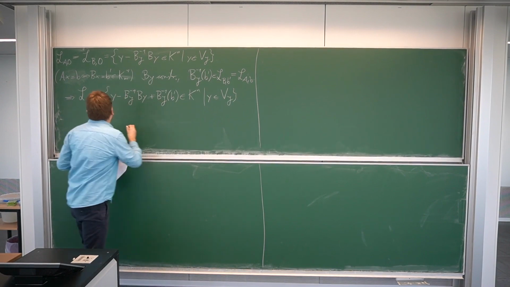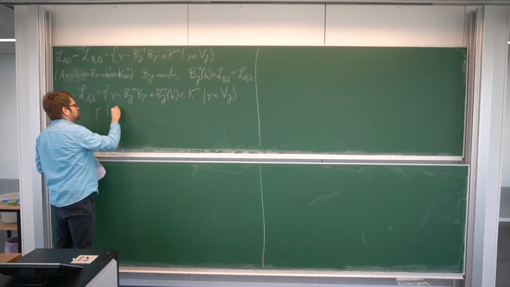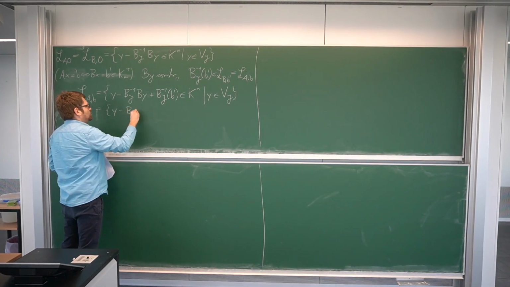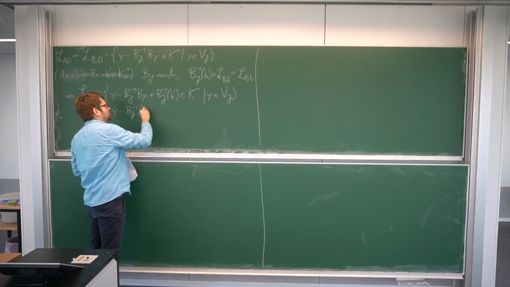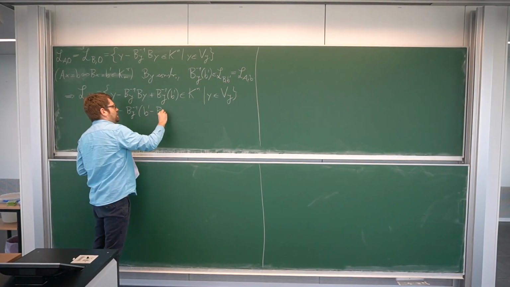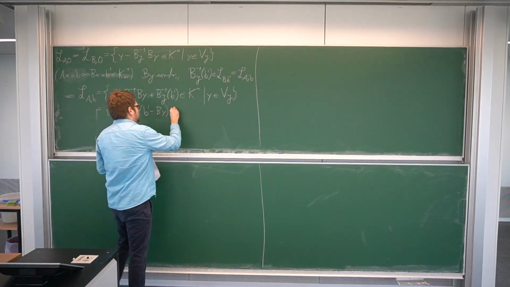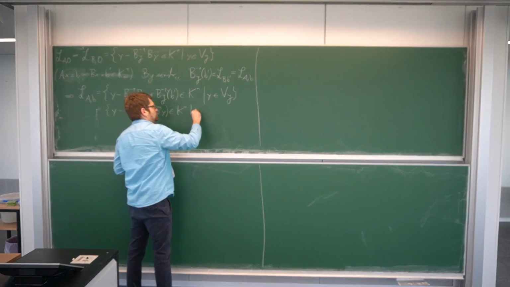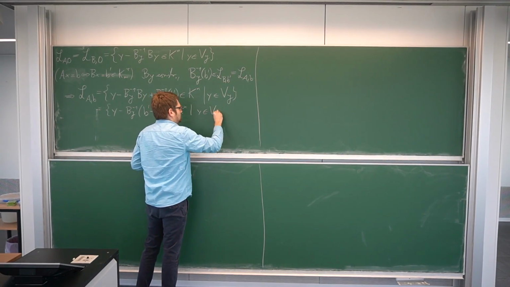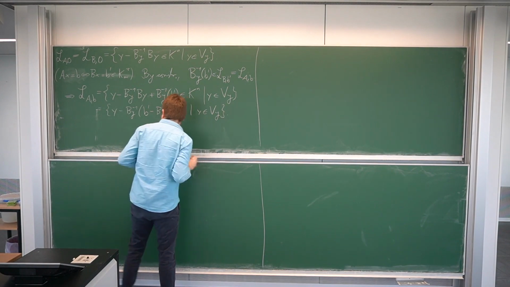And this can also be written in a more concise way, just to have this once on the board: Bj to the minus 1 of B prime minus By, just by linearity.